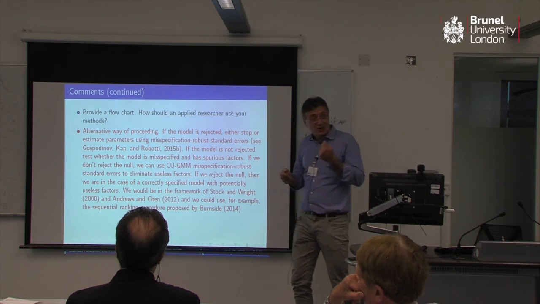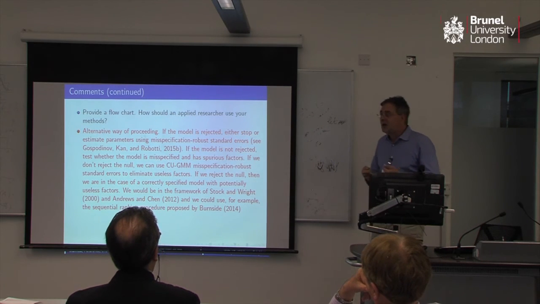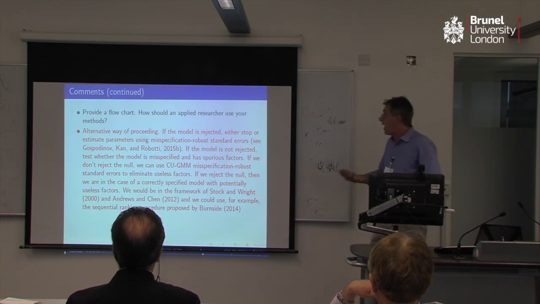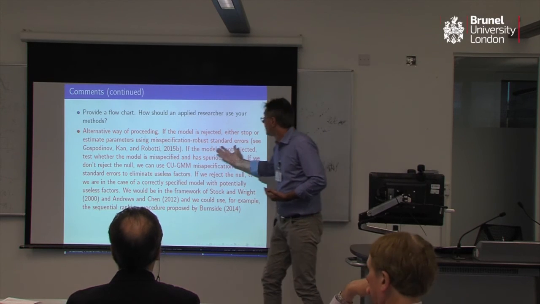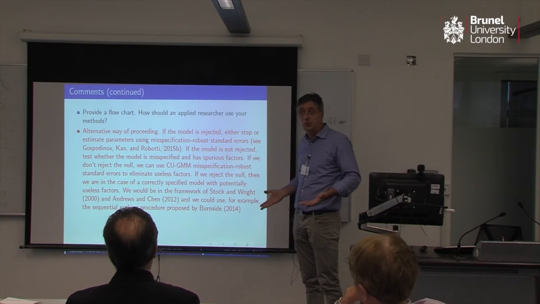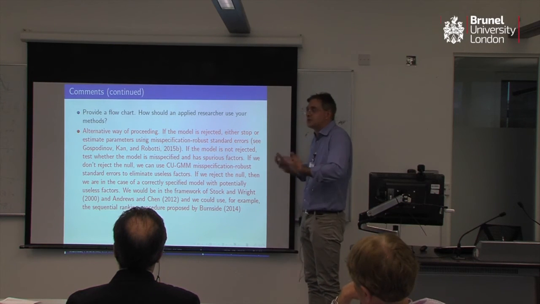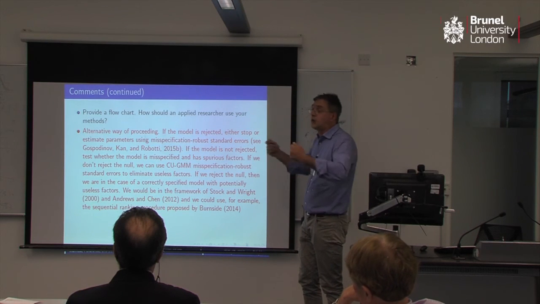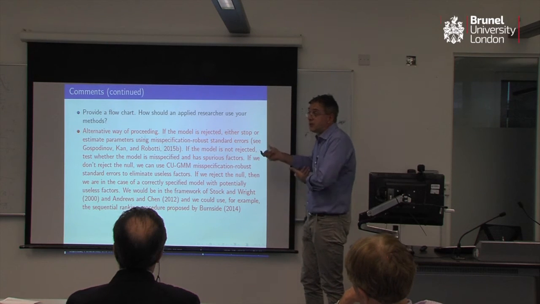The problem is, what Enrique was trying to convince you about, is that when you don't reject the model, it's not necessarily because it's a good model. It could be a very bad model. At that point, you have to test whether the model is misspecified, for example, and has spurious factors. You have to provide a test of this type of situation. If you don't reject, you can stop there, or you can do model selection as we proposed using misspecification bias.